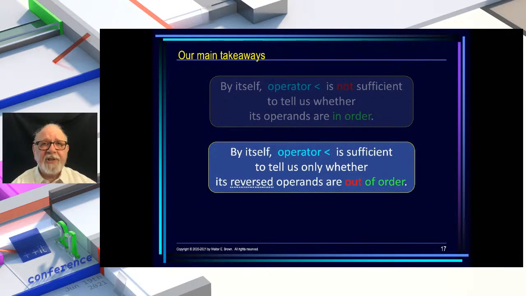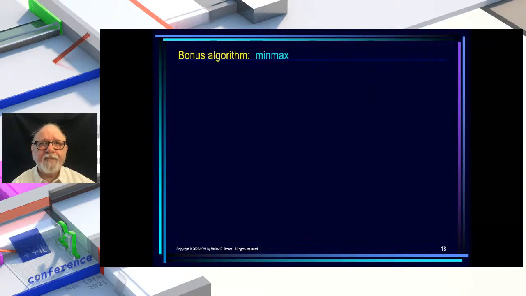I have a little bit of extra time, so I'd like to talk about a bonus algorithm. We've talked about min and we've talked about max in isolation, but what about something called min-max? There are applications where one needs not one or the other, but both of the extreme values.